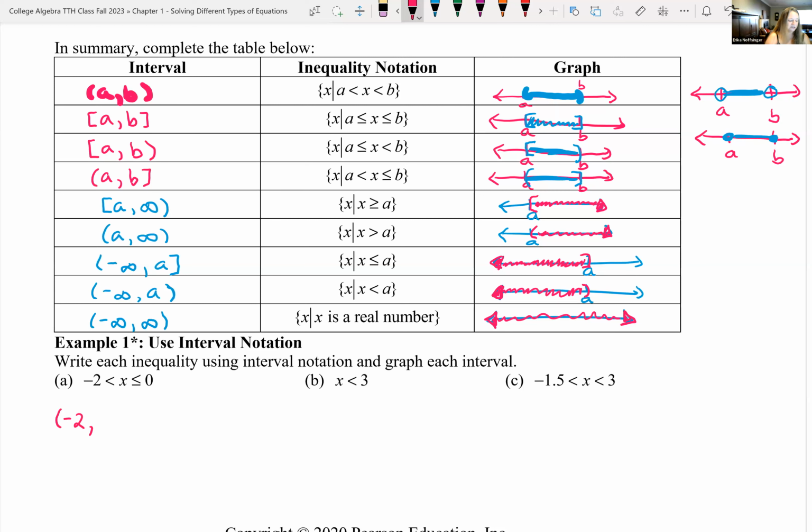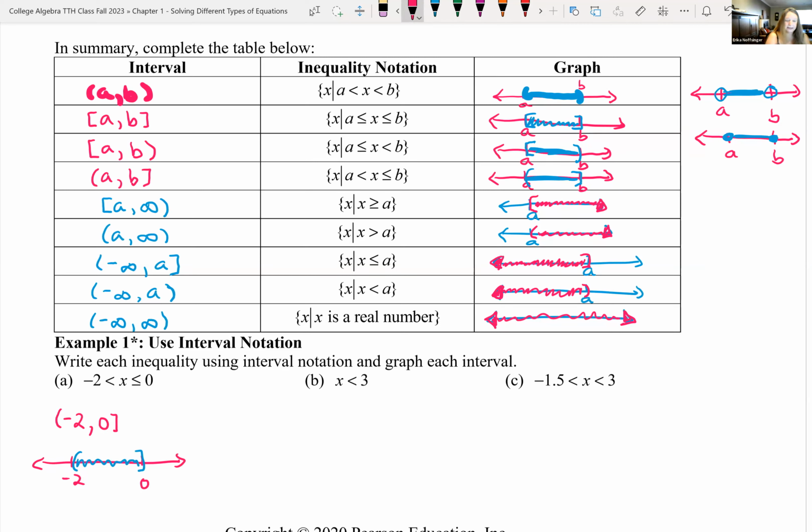Not including -2, so we have a parentheses on the left-hand endpoint, and then we're going to 0, but we're including it, so we're going to put a bracket. So we're shading everything in between -2 and 0, but we're not including -2, so we can denote that with an open parentheses on the left-hand endpoint and a closed bracket on the right-hand endpoint.